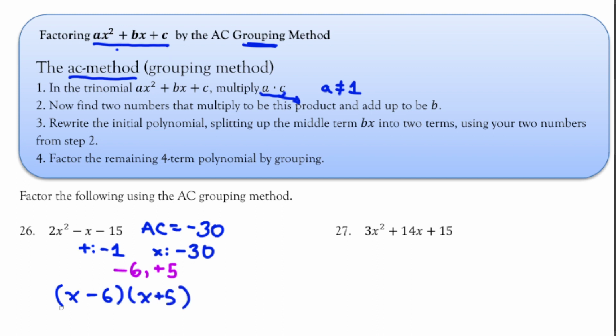You can tell this is not right because x times x is not 2x squared, and 6 times 5 is not 15. So we can't write the answer right away. Instead, we use the negative 6 and the plus 5 to break up the middle term. Instead of minus x, I write minus 6x plus 5x. And I keep the rest of it the same.